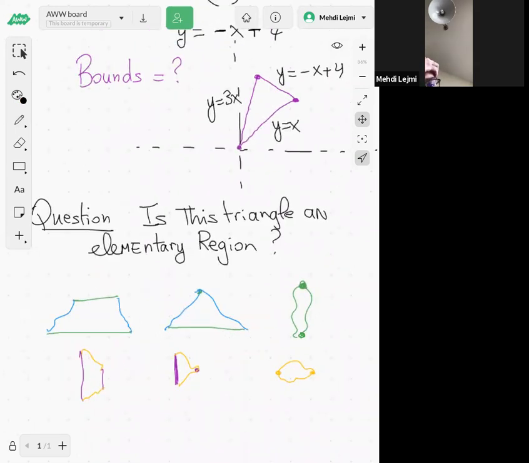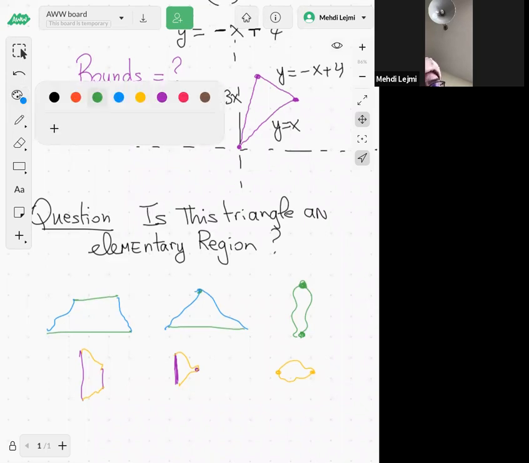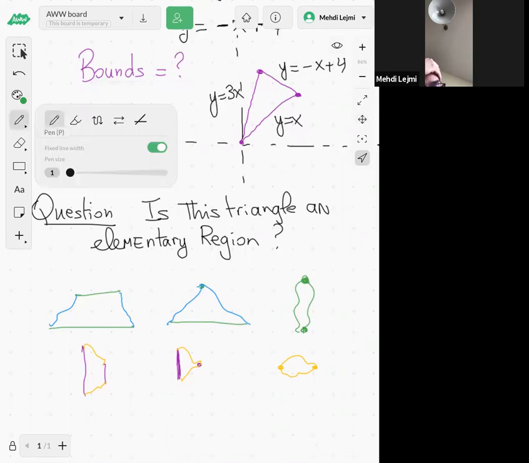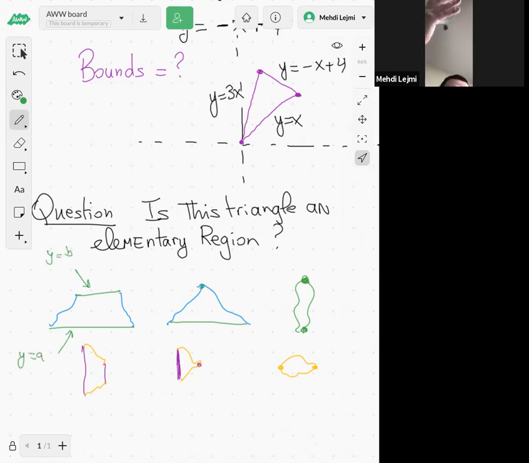Because in the first case of an elementary region, let's say this is y equals a, and this is y equals b. When you say y is equal to some constant, it means you have a horizontal line.